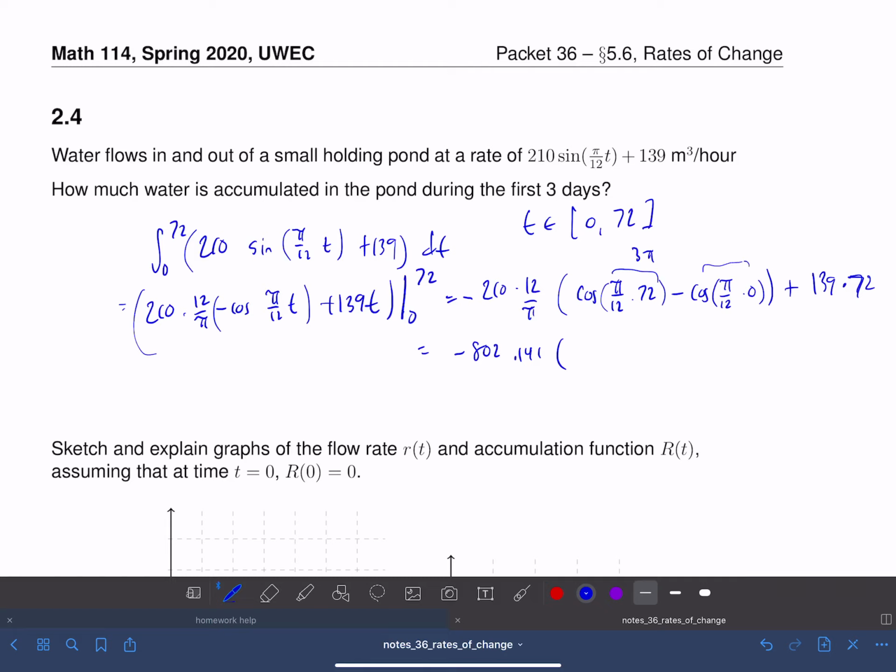Oh, the stuff inside there is, I can tell I'm getting tired, 0. Ooh, cosine of 3 pi is the same thing as cosine of pi, so that's minus 1. And then this part back here is 1. Ooh, so that's minus 2. Ooh, this is good. Okay, so the minus plus. So I'm going to multiply that by 2.